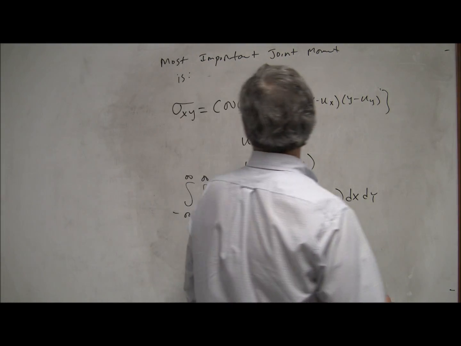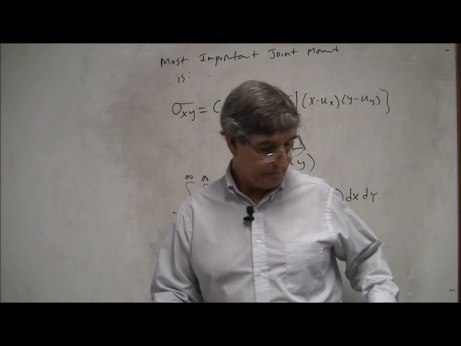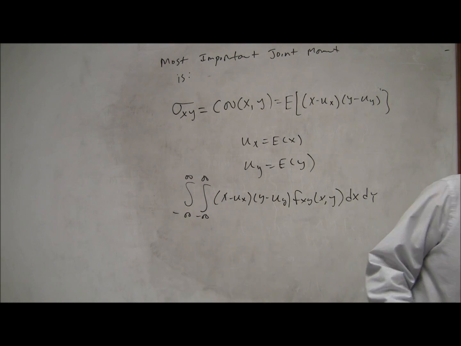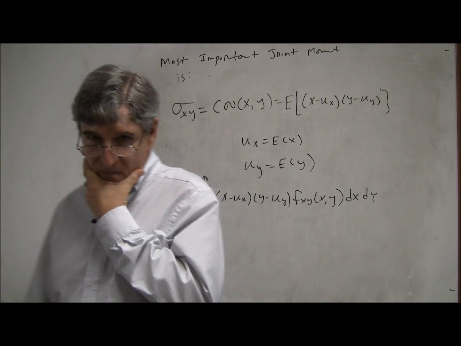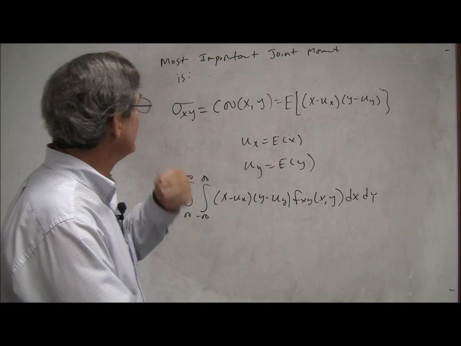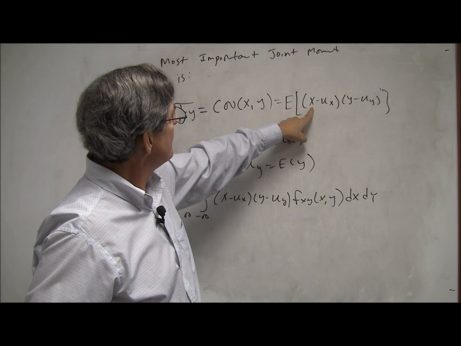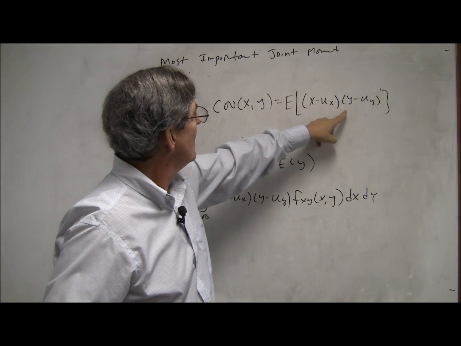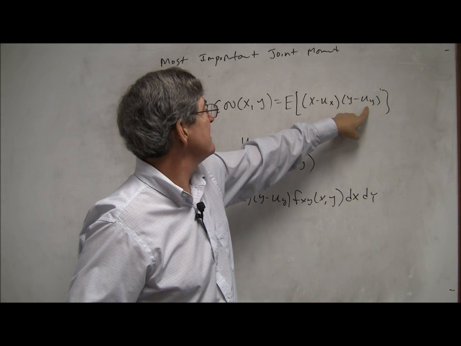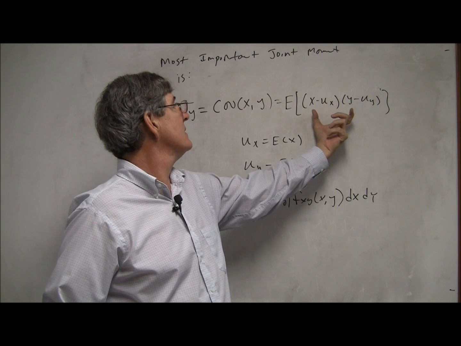Now, the covariance could be positive or negative, depending. Let's think about that. If it's positive, what does that mean? It means that when x is above its mean, y is likely to be above its mean, so that both of these are positive.